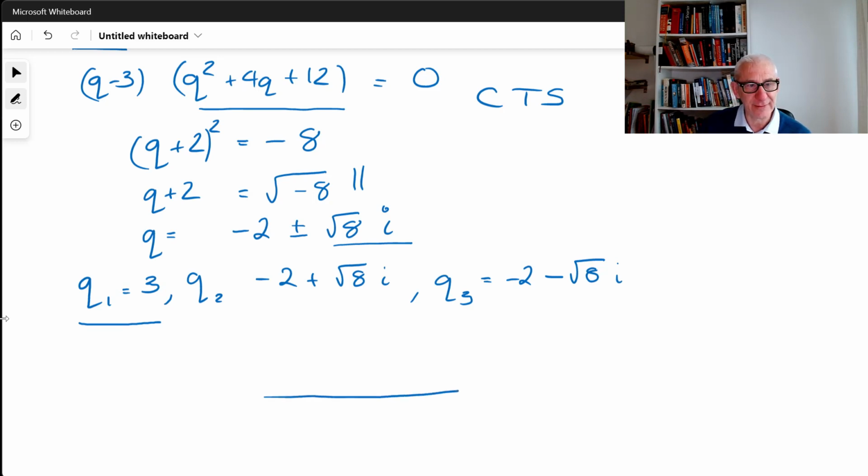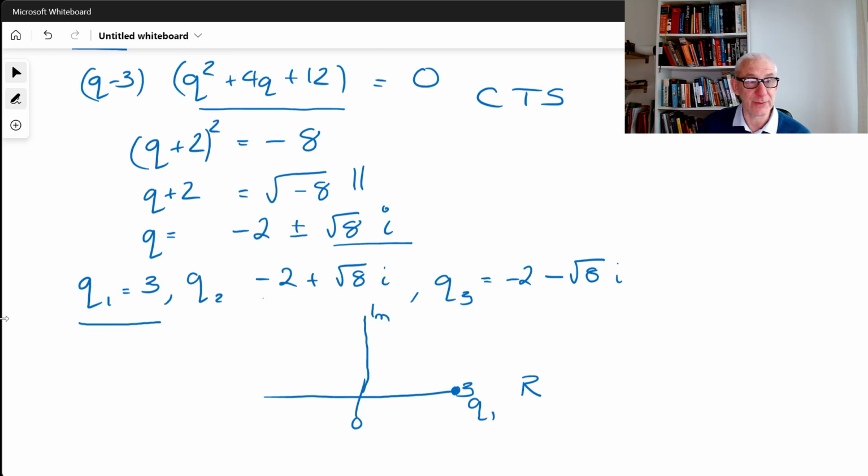So we could have a 0 there and a 3 there, and we could say that Q1 is there on the real axis, okay? And going up here, we're going to have the imaginary scale there for our complex plane. And the other two, -2 and √8, are going to be in a slightly different place.